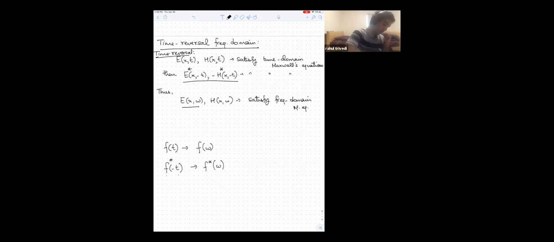So then you get your relation for frequency domain time reversal symmetry, for your reciprocity: if E of x comma omega and H of x comma omega satisfy frequency domain Maxwell's equations, then E star of x comma omega and minus H star of x comma omega satisfy frequency domain Maxwell's equations.